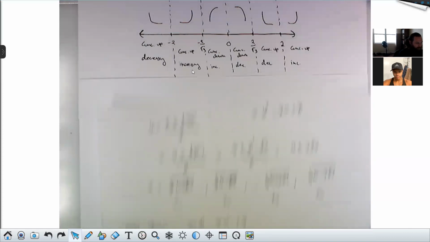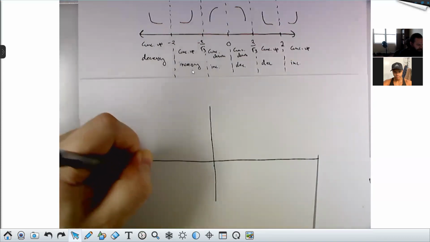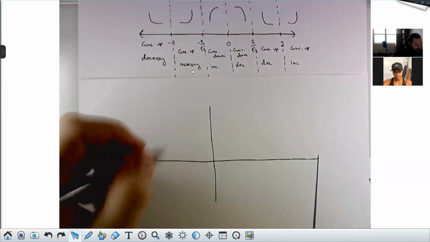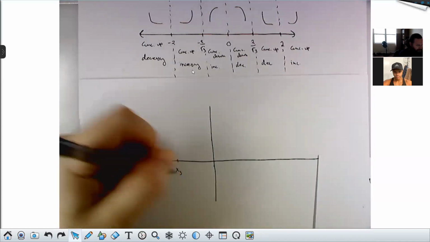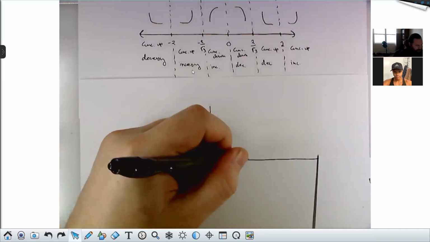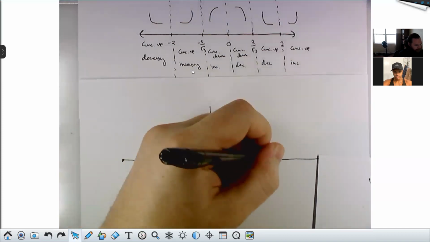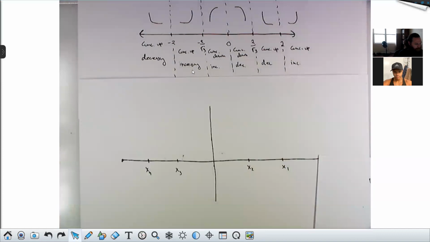The most negative of which was x4. I'll put that out here. And then x3 was also negative. x2 was positive. And x1 was the large positive one.